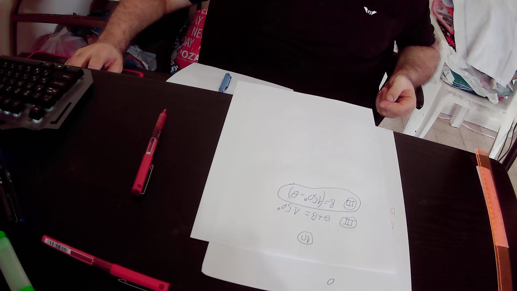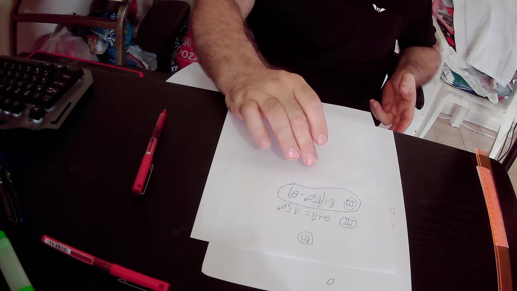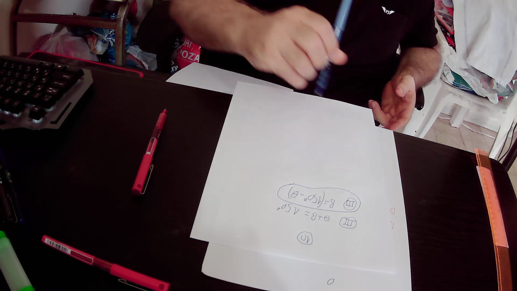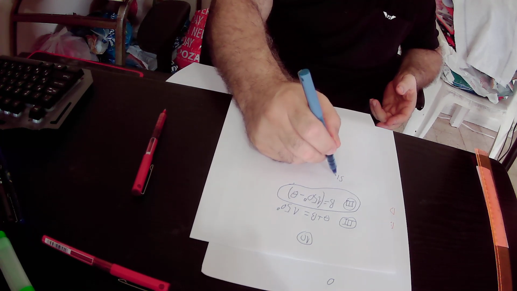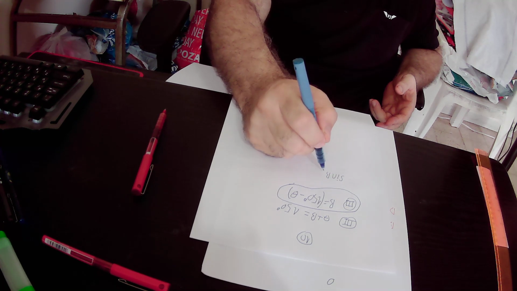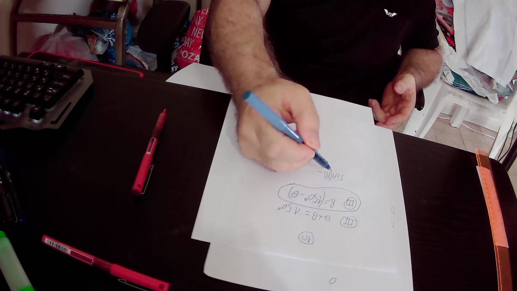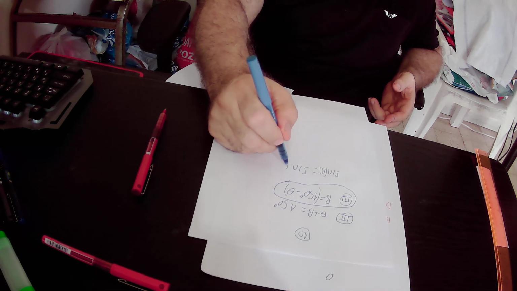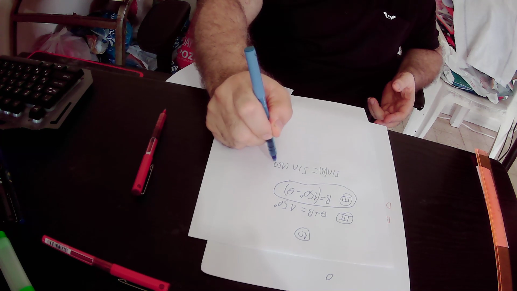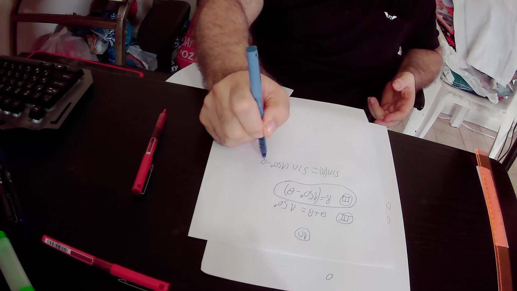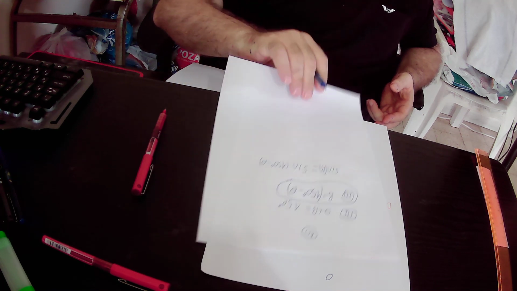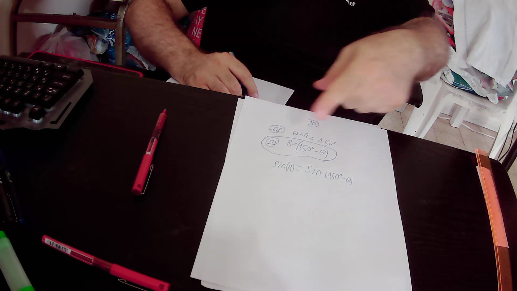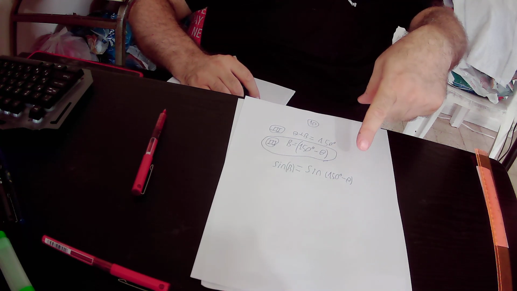But if beta equals 150 degrees minus theta, then sinus beta will be equal to sinus of 150 degrees minus theta. Very simple.